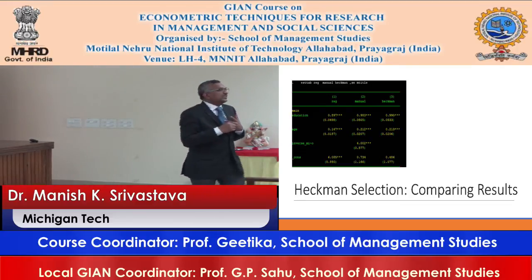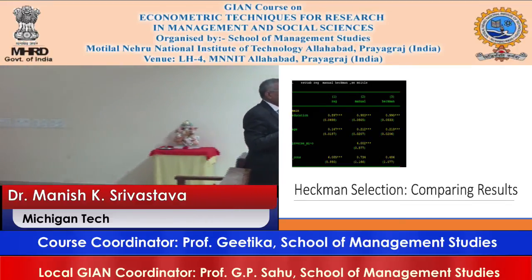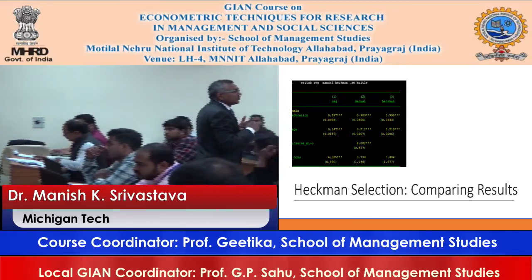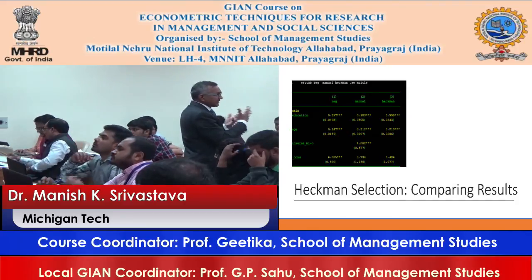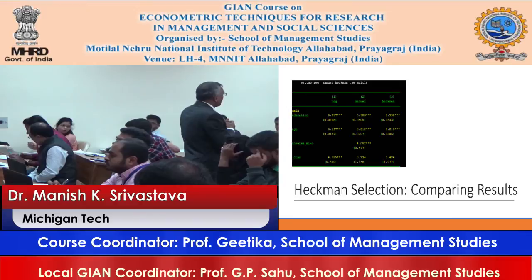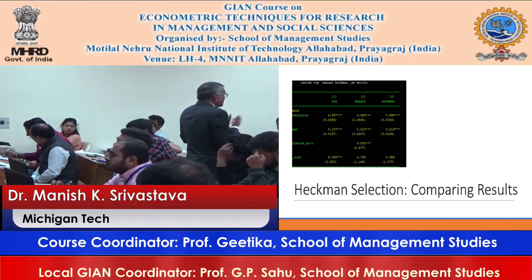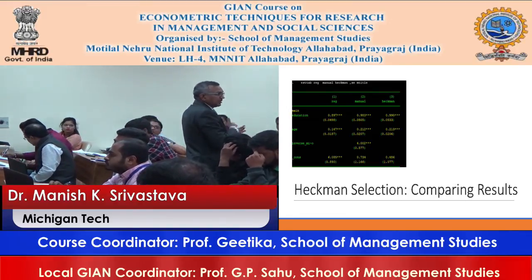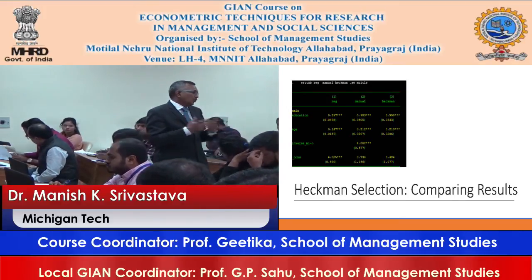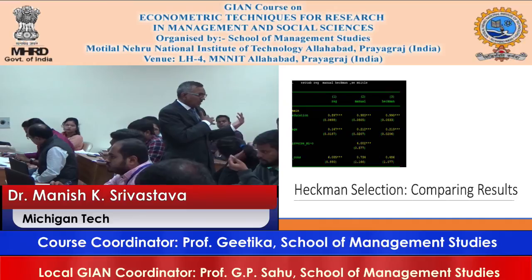So D was the decision to work. Okay, D was simply the decision to work. Like Y was the wage, how much salary or wage, and D was simply the decision to work or not to work. And if D is 1, then we will know that there will be wage information.